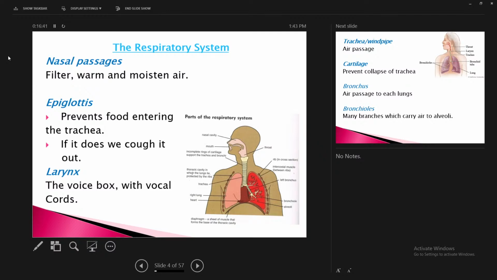So that's one of the reasons why the air is warmed. In terms of moistening the air, when the air is moist, it has a tendency to move much more easily through the respiratory tract.